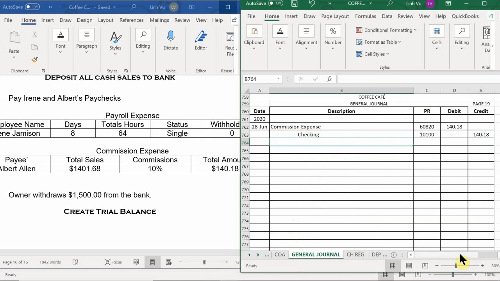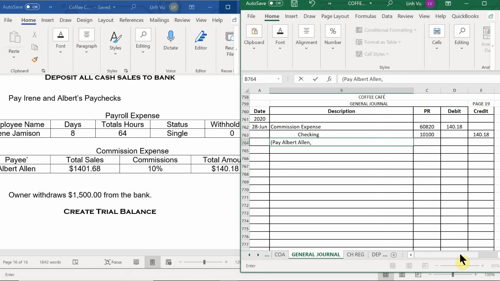What's my note going to say? Paid Albert Allen commission.